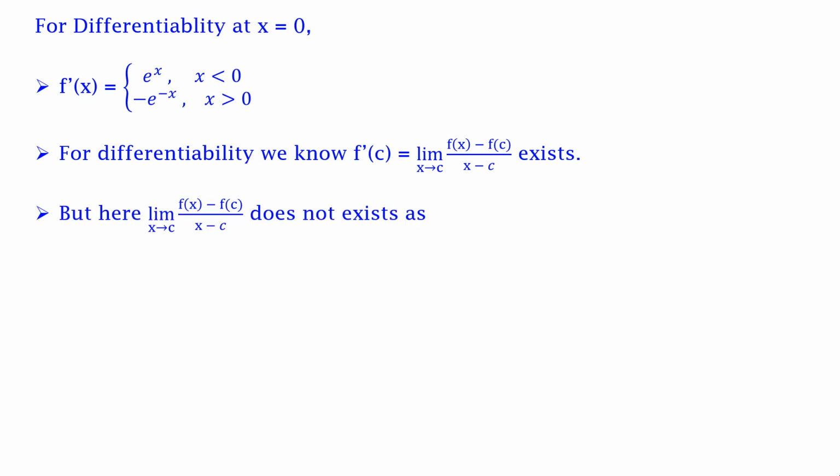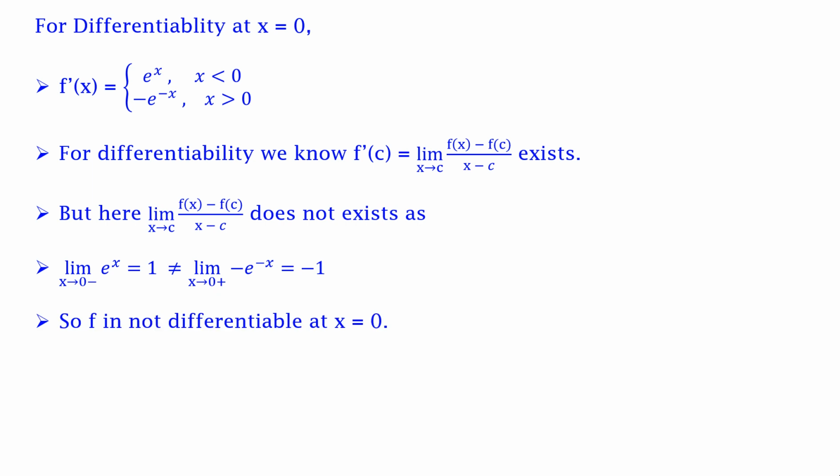But here this limit does not exist, as limit x tends to 0 minus e raised to x is 1 and limit x tends to 0 plus minus e raised to minus x is equal to minus 1. We get two different values. So f is not differentiable at x equals 0. So option C is false. Therefore the correct answer is option A.